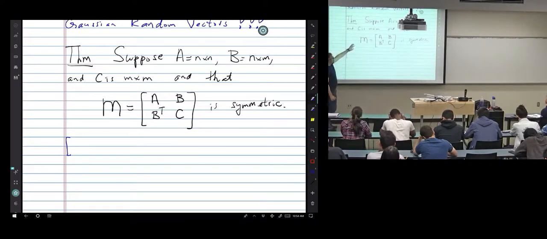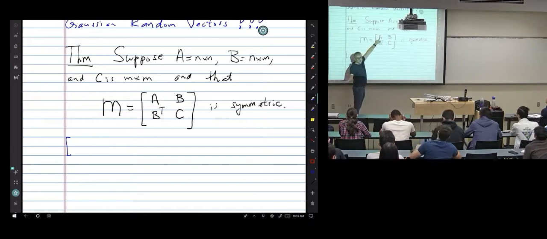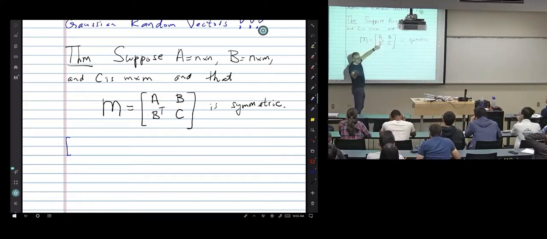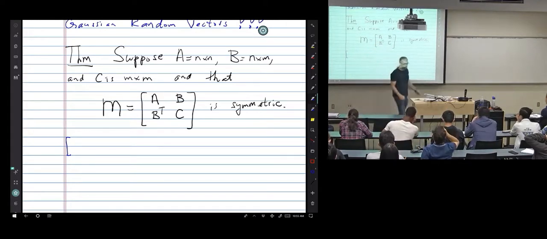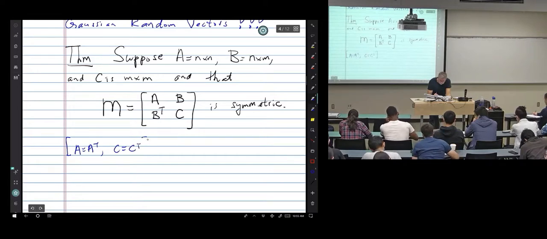Okay, so what do we need for M to be symmetric? Put a transpose here and see what's happening. So A has to be symmetric. B comes down here to the transpose, no problem there, and C has to be symmetric, okay? So A equals A transpose, C equals C transpose.